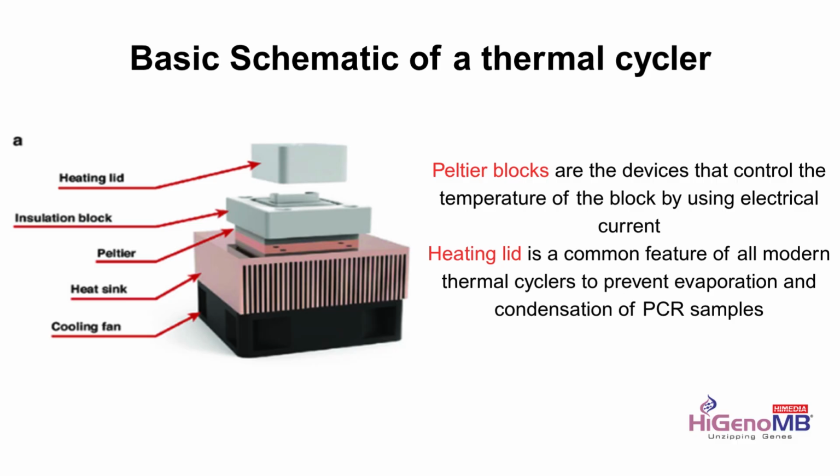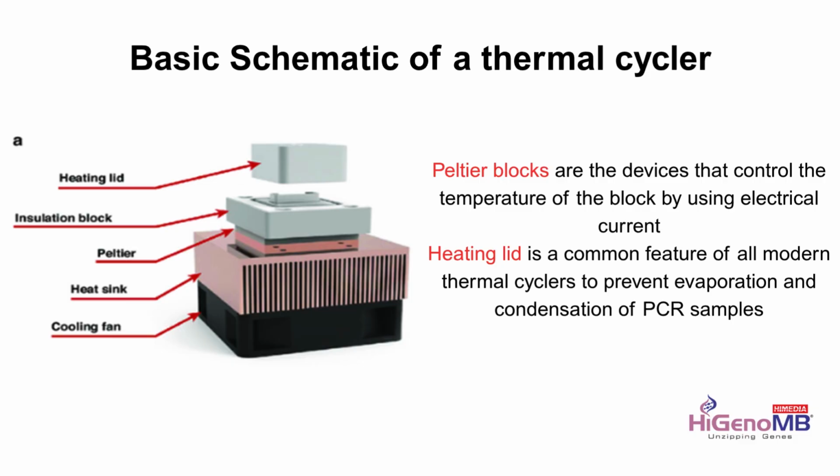Now you can see the basic schematic of a thermal cycler. It has a heating lid, an insulation block, a block called the Peltier block, and a heat sink and a cooling fan. The Peltier block is the device that controls the temperature of the block. It does so using the electrical current that you provide to the thermal cycler.